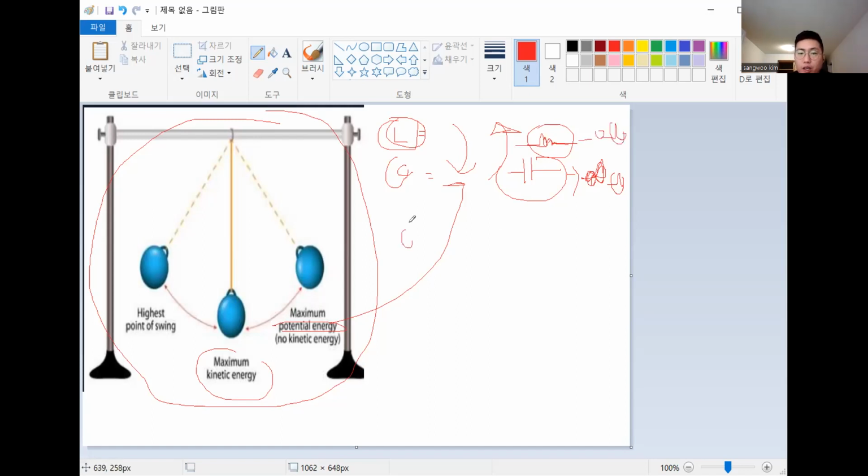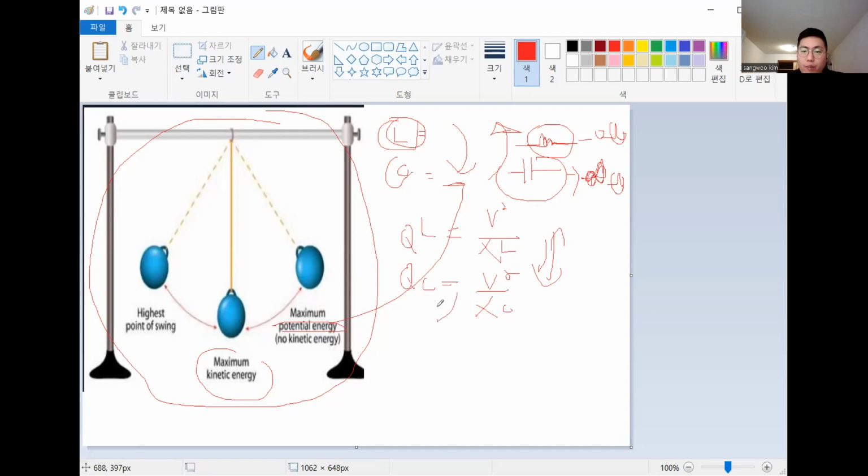So XL and XC have to be equal, as we say in today's lecture on resonance frequency.